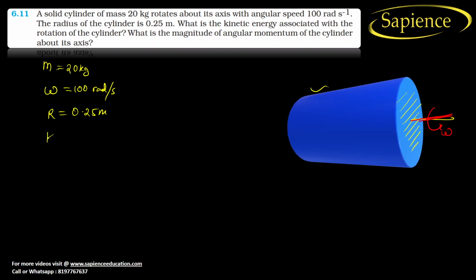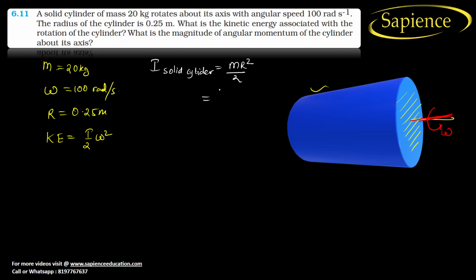The kinetic energy in any type of rotation is I by 2 omega square. But we have omega and we don't have I, so first of all we need to find I. What is the formula for I? It is a solid cylinder, so you should remember this: I for a solid cylinder is mr square by 2.